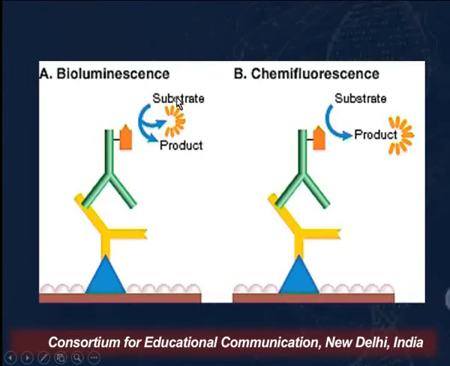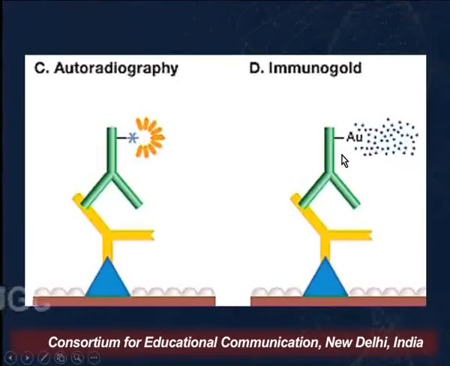There can be chemiluminescence as well, where the substrate is converted into a product which gives rise to some kind of light that can be detected at a particular wavelength or by certain colors.